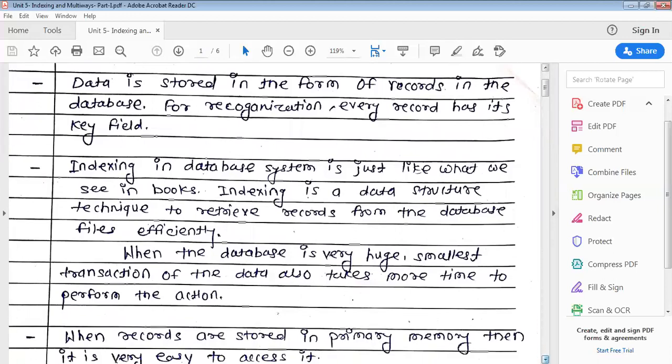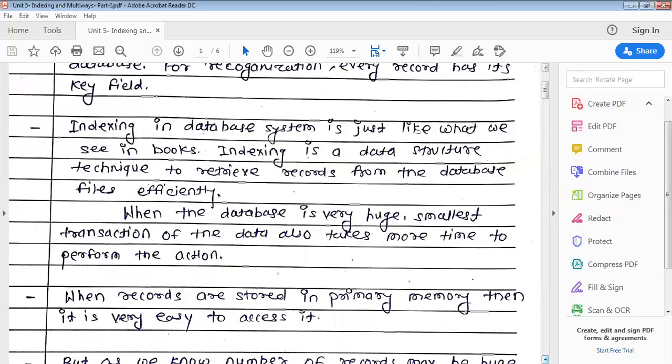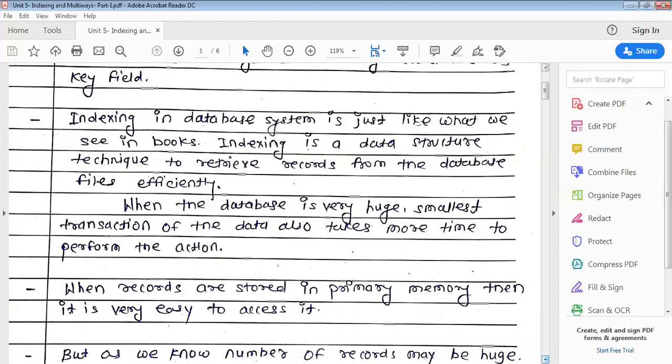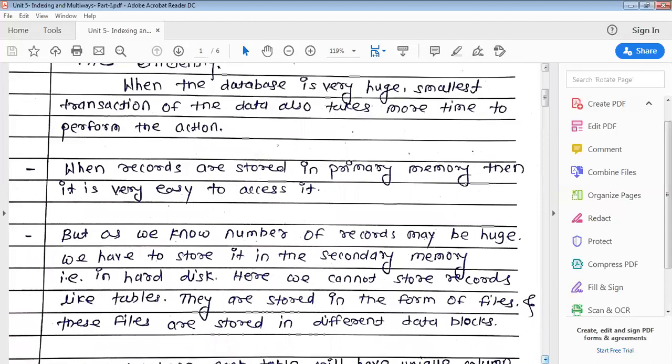When the database is very huge, what is the need for an index? When the database is very large, even the smallest transaction takes more time to perform. When records are stored in primary memory, it is easy to access them. That's why the key is a very important part, and the index is also an important part.